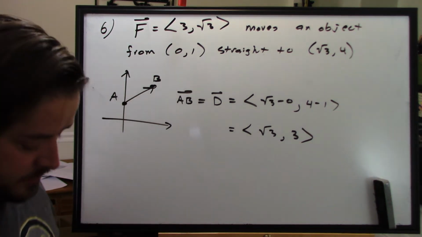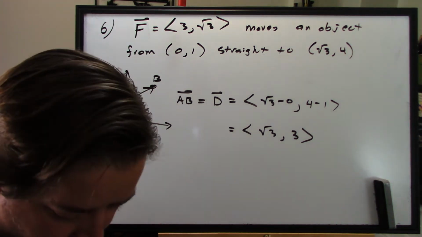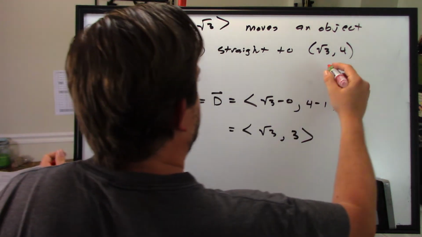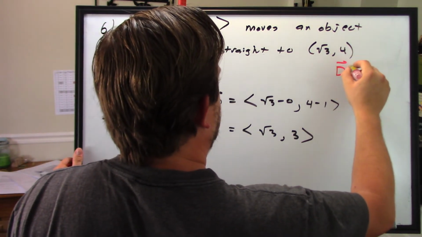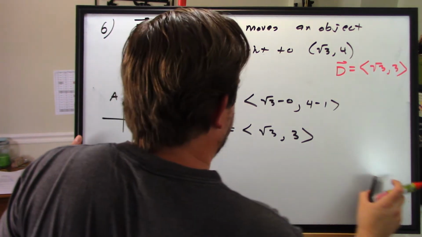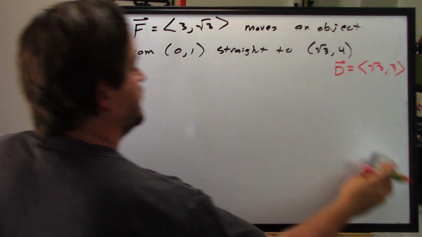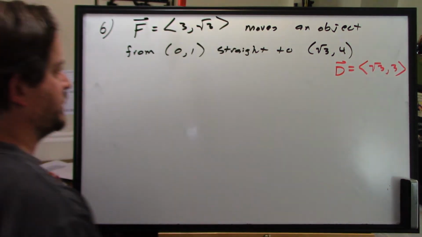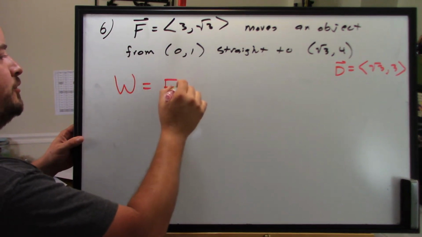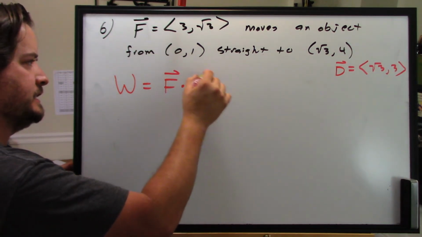Now the part that we didn't use this language for this problem, but we still did stuff like this problem. The part that we didn't do is we never talked about a dot product in terms of force and distance, right? And resulting in work. So the equation here is simply that work is the dot product of a force over a distance, right? And this force is a vector, the distance is a vector.